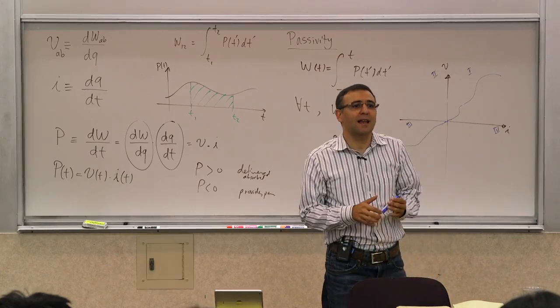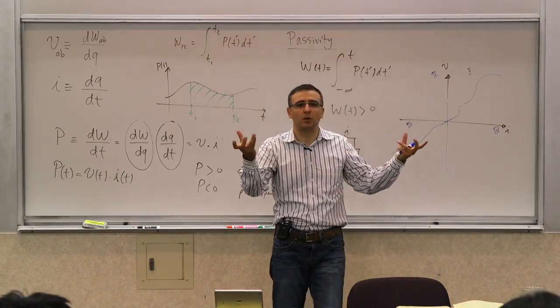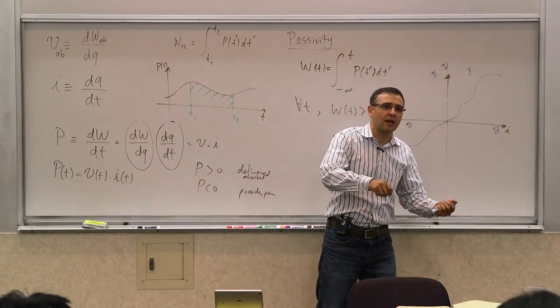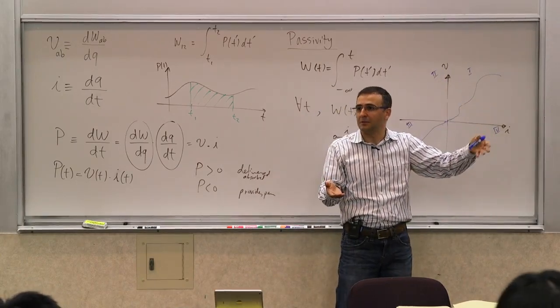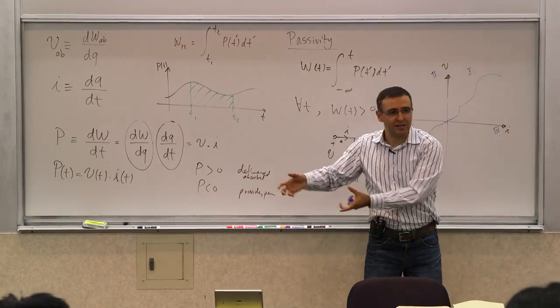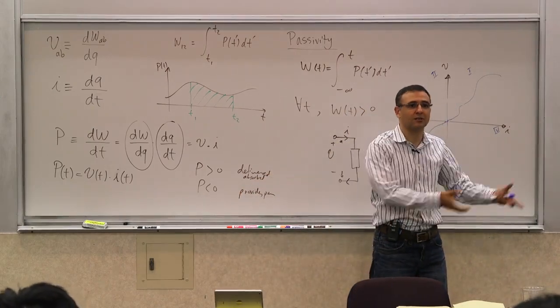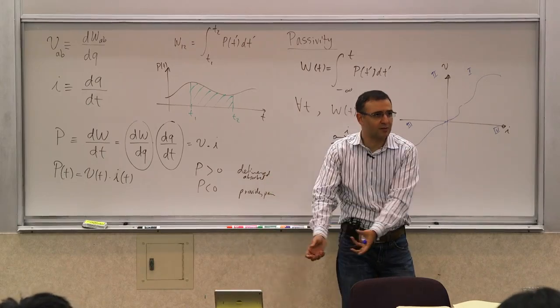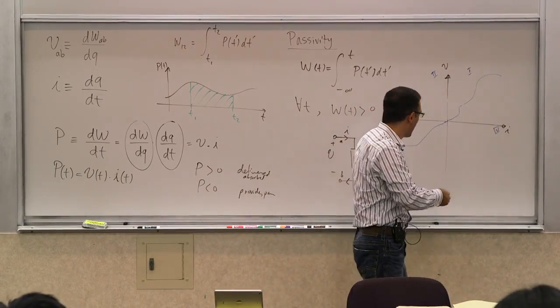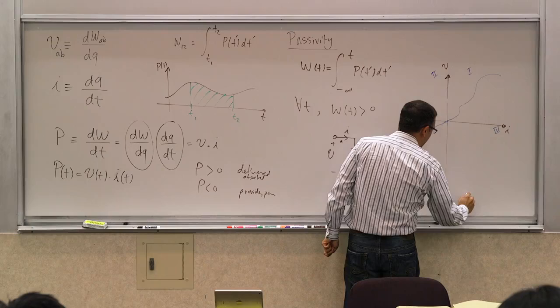And from the hydraulics analogy, you can think about it like you can have reservoirs and you can get water from one to the other. If you can get water from the lower reservoir to the higher reservoir, it means that there's a system that can actually inject energy, right? If you have a pump that takes water from the lower reservoir and puts it up in the higher reservoir, then you have an active system.